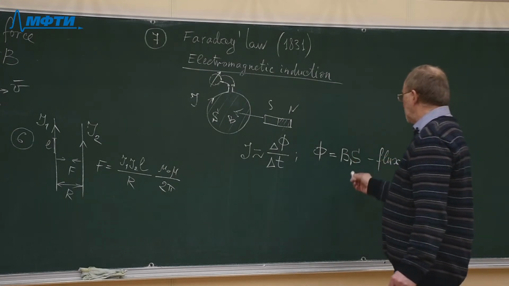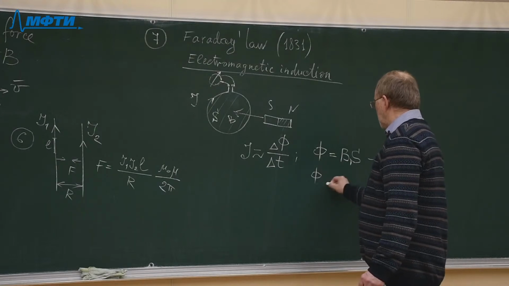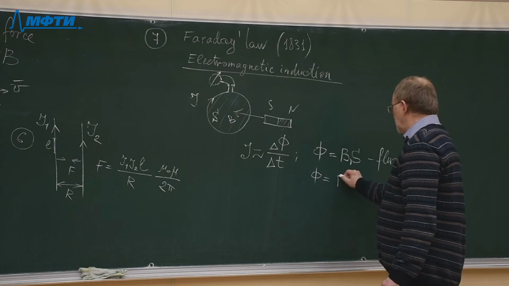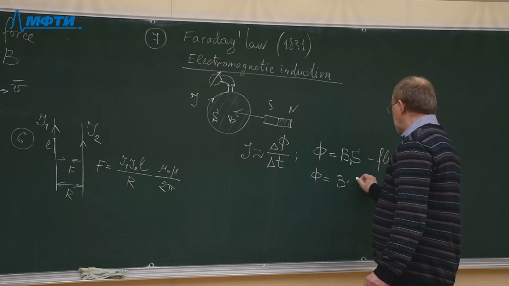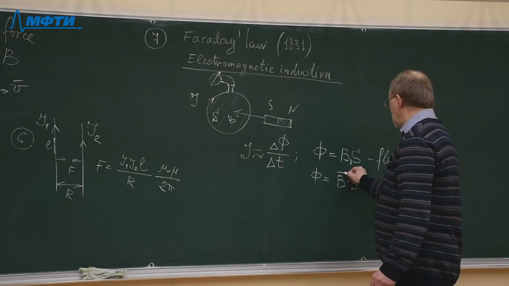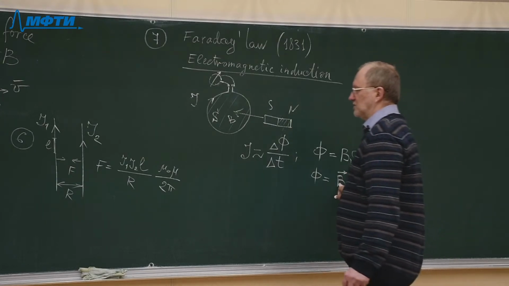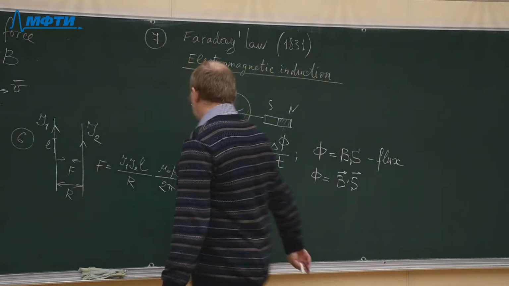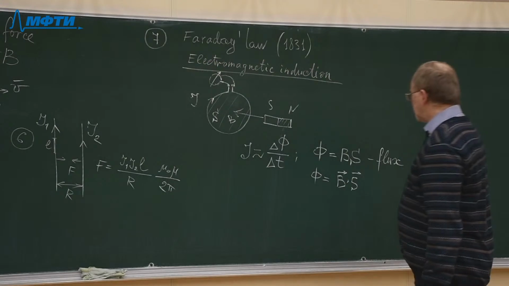For example, if the field is not perpendicular to the surface, then we will have to take a so-called scalar product. What is the vector of magnetic field induction? You know very well.